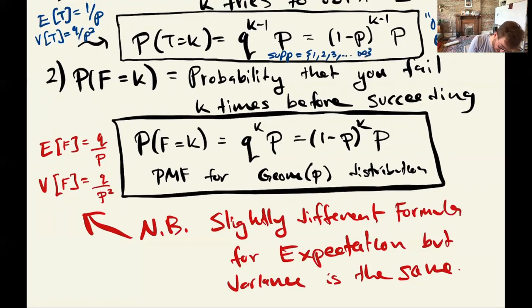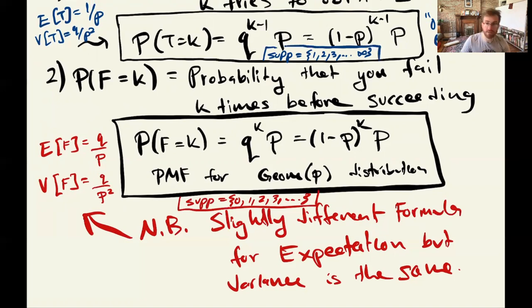Whereas here, the support looks like 0, 1, 2, 3. So the only difference is that it includes 0, whereas this guy does not include 0, which is essentially saying, well, you got to try at least once. Maybe there's a moral there.